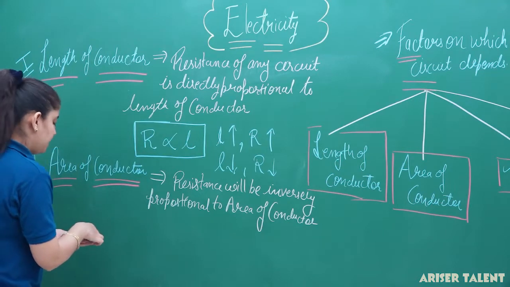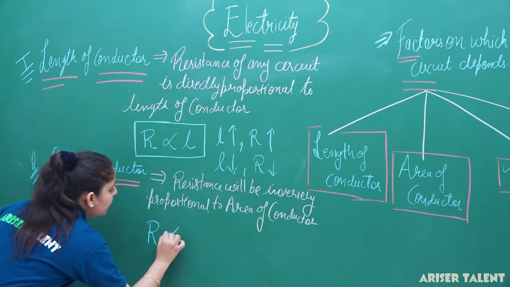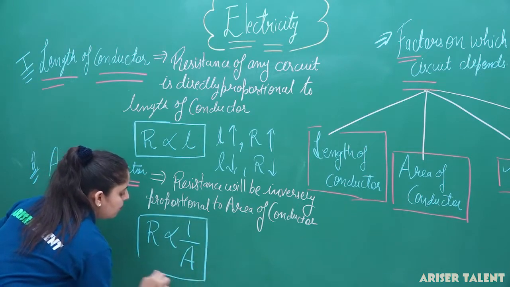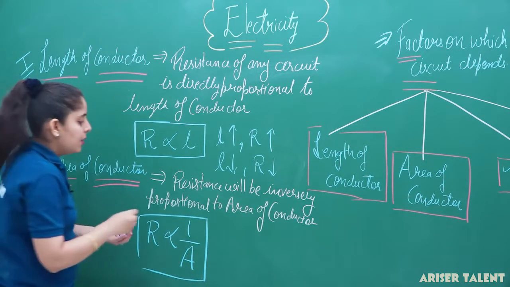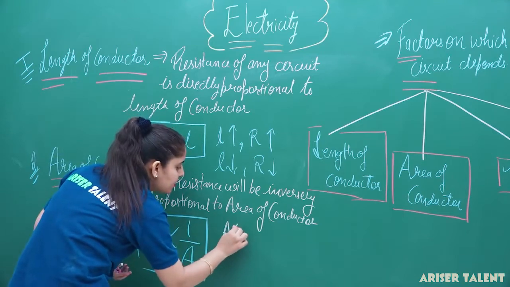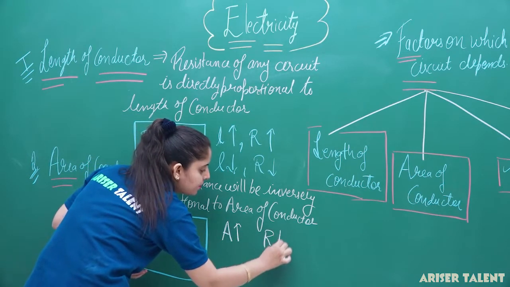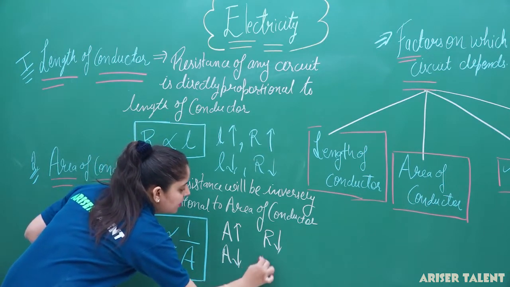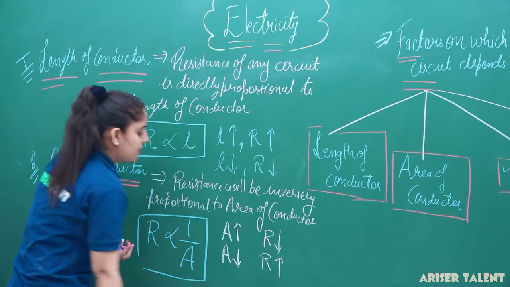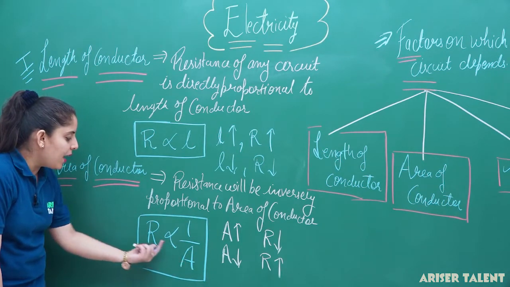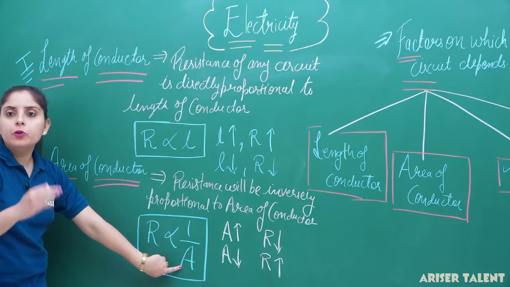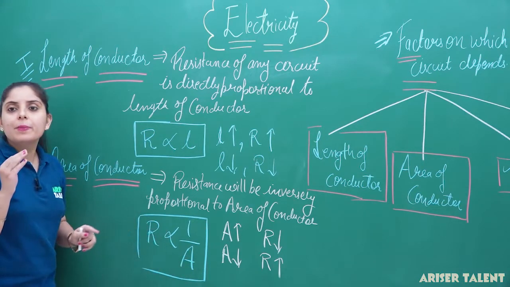It means R will be inversely proportional to area. Now what will happen? If area increases, resistance decreases. If area decreases, resistance will increase. You can see that area and resistance are inversely proportional. It means if you are going to double the area, the resistance will be half.